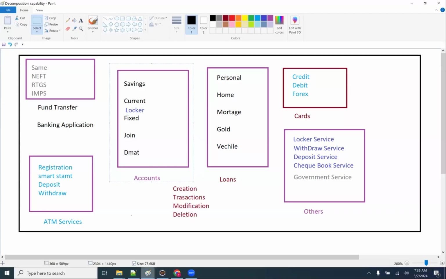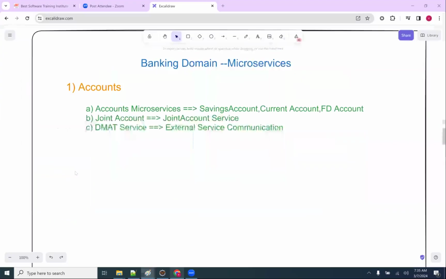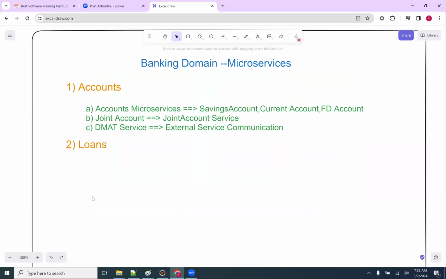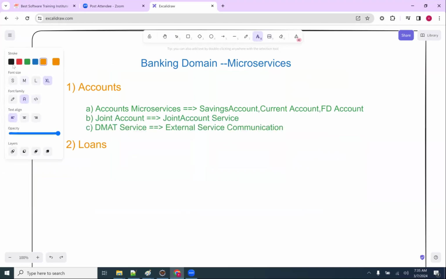Now, when it comes to this particular functionality, loans, I can come up with a list.